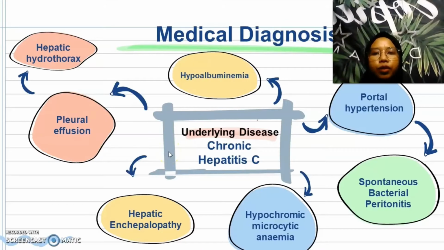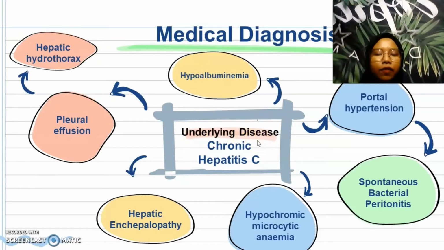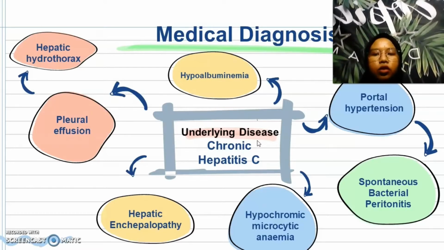Now we move on to the medical diagnosis part with me, Nikmai Zato. Previously, Mr. T had been diagnosed with chronic hepatitis C, possible chronic liver disease and portal hypertension. Chronic hepatitis C is actually an underlying disease. This underlying disease can cause many other diseases such as pleural effusion, which will lead to hepatic hydrothorax.